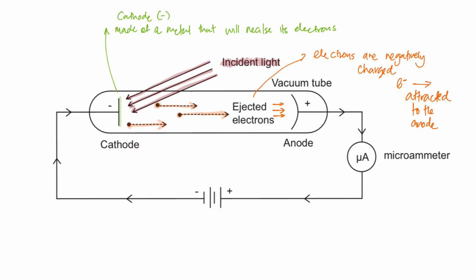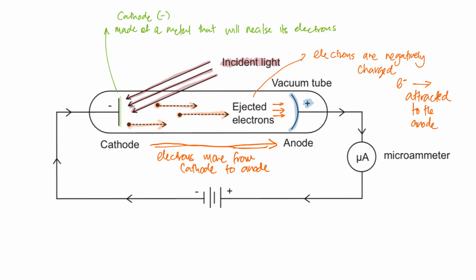Let's have a look here, and here we've got our anode, and we can see that the anode is a positive terminal. So the idea that we're working with is that the electron's motion is always going to be cathode to anode. The electrons move from cathode to anode. So that's the motion there.